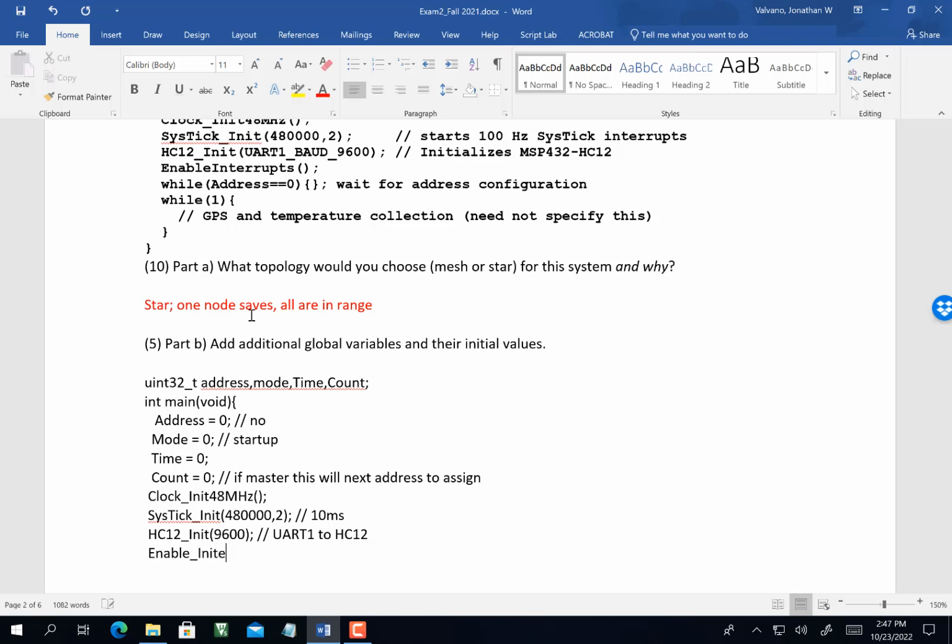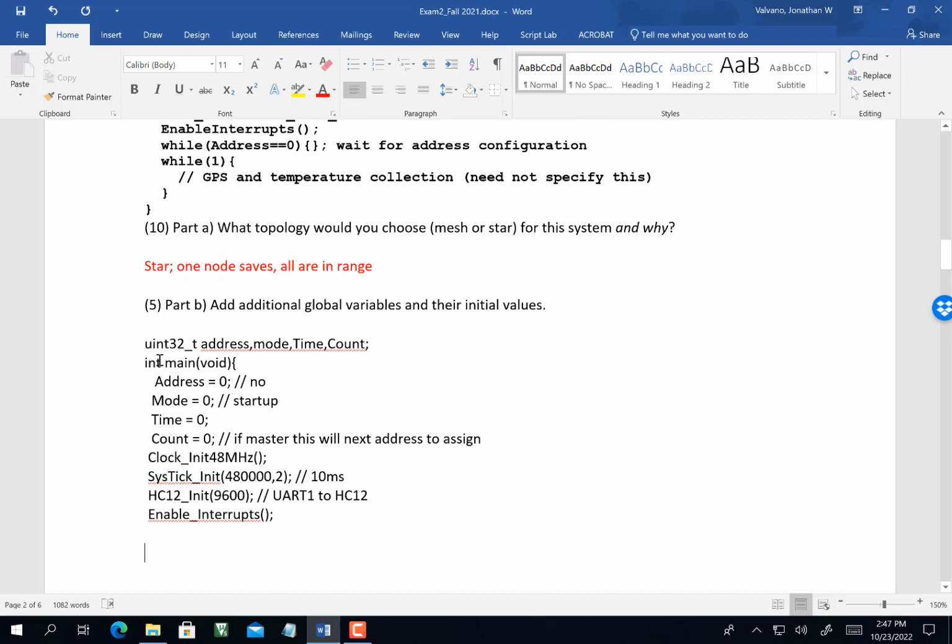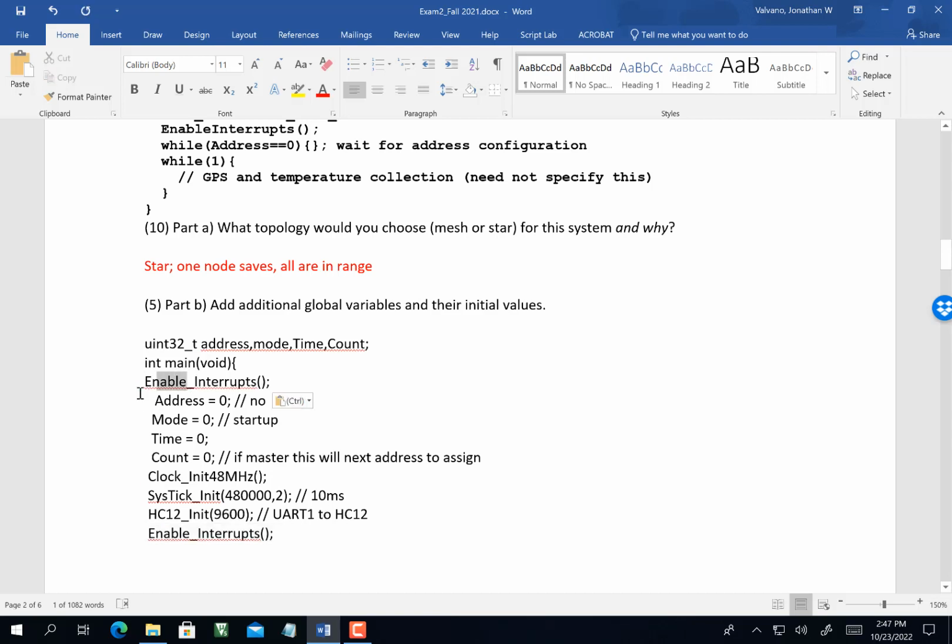When you write code for me in lab, in exam, I don't really care if it's not perfect. As a matter of fact, I can make this a little bit more perfect. It is a good design to disable interrupts during initialization.